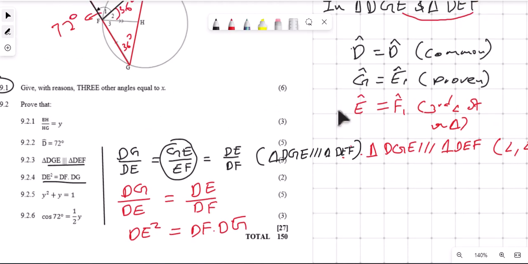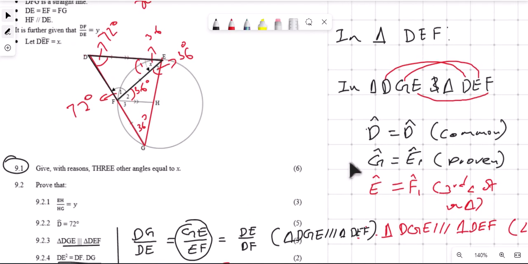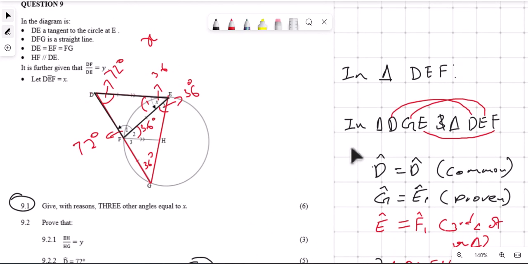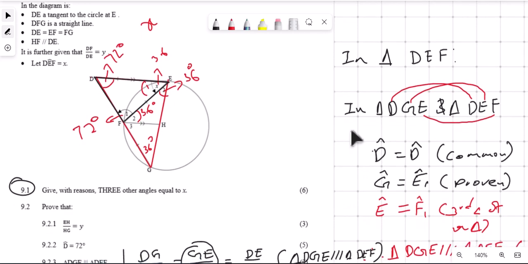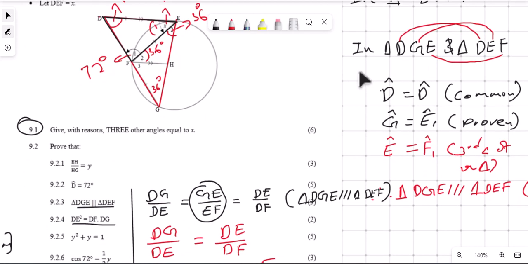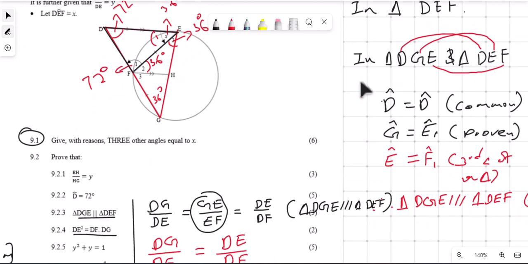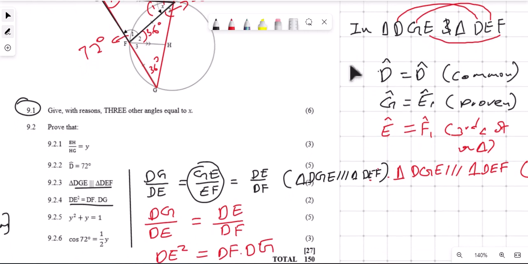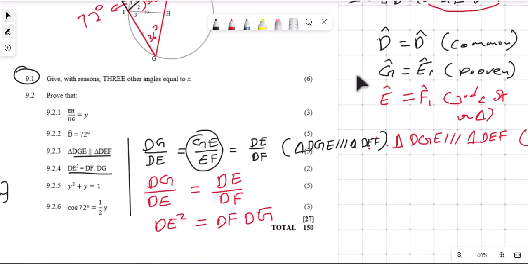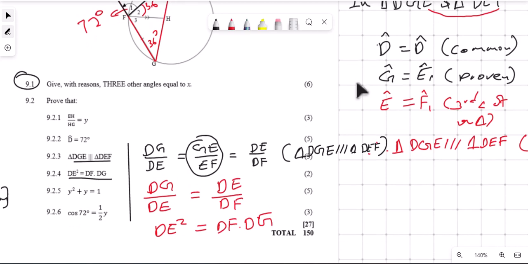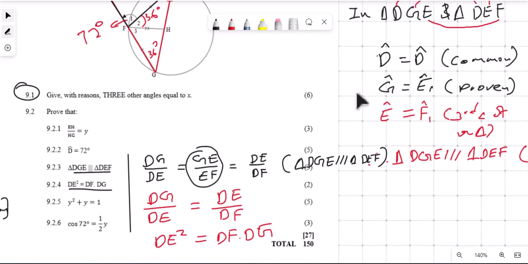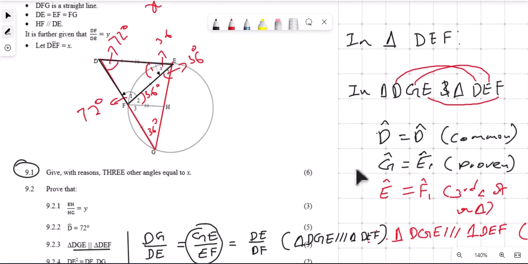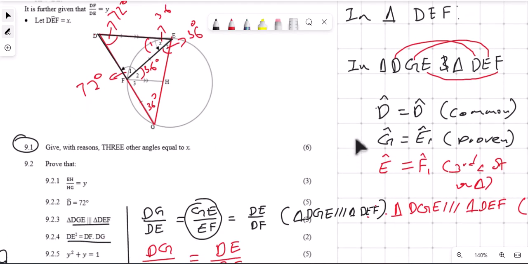Let's not forget the value of y that we were told. DF over DE is equal to y. And then we also proved that EH over HG is y.